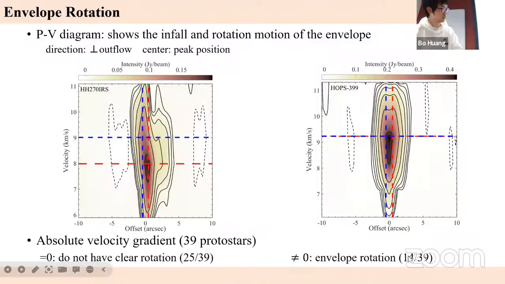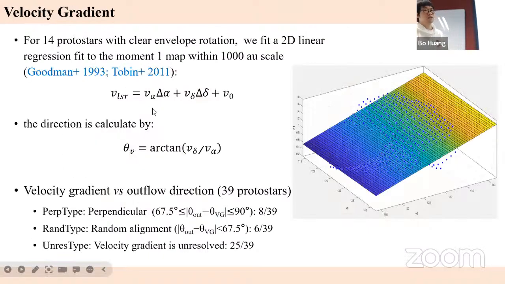So we have 14 sources with envelope rotation based on the observational angular resolution. For these 14 sources, to estimate the velocity gradient direction, we fit a 2D linear fit to the moment one map within 1000 AU.